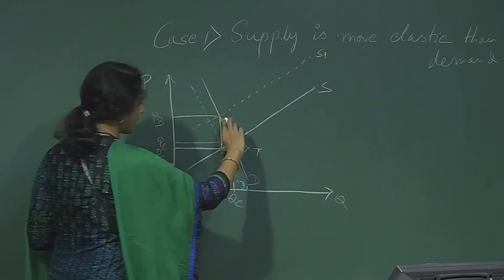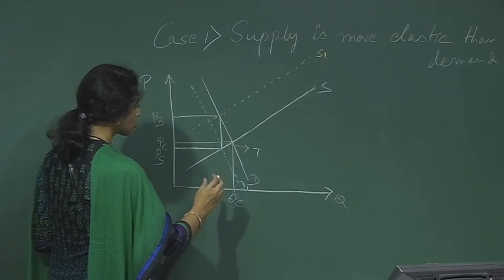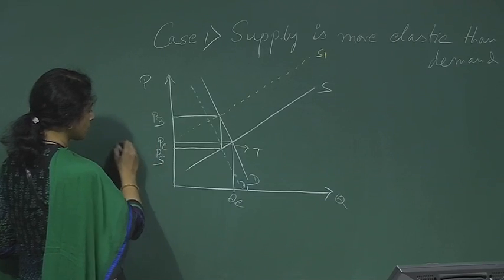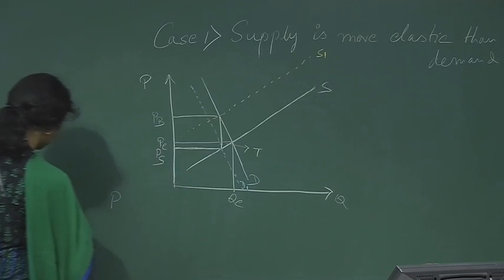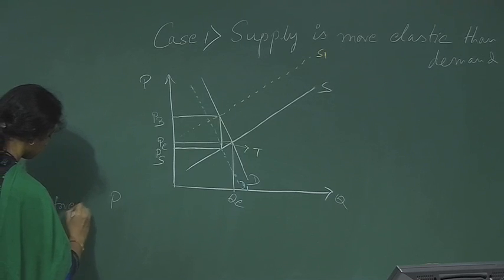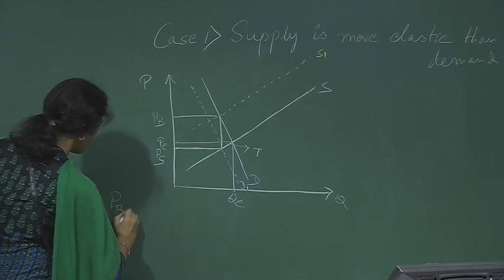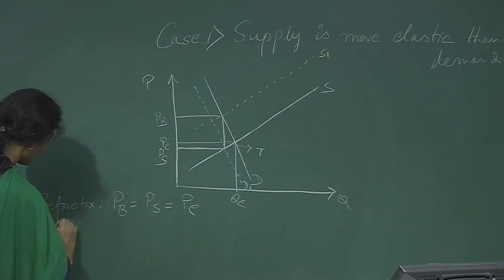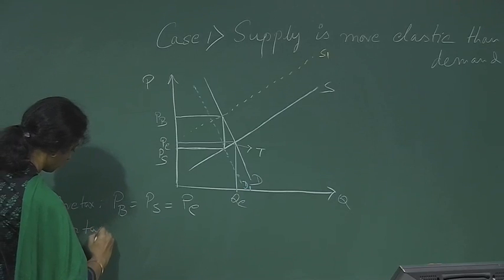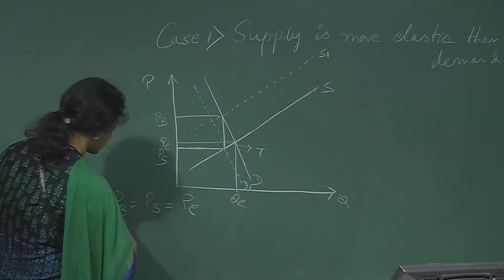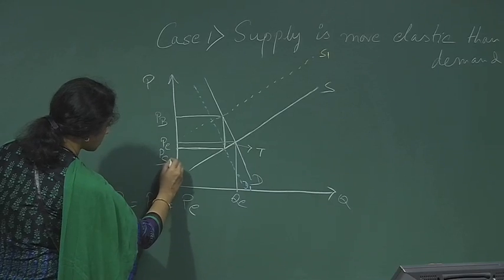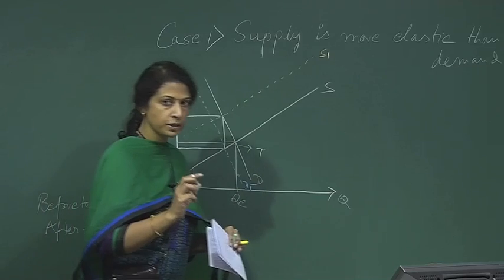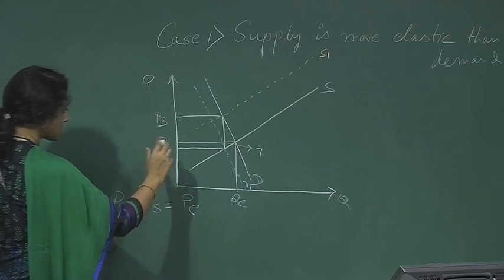The green line is the amount of tax that has to be split up between the two, and earlier, before tax, PB was equal to PS was equal to PE. After tax, PS is the price that the seller receives, which is less than PE, and the buyer pays a price which is higher than PE, and the tax is split between the two.